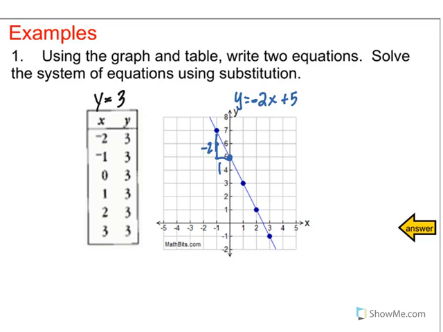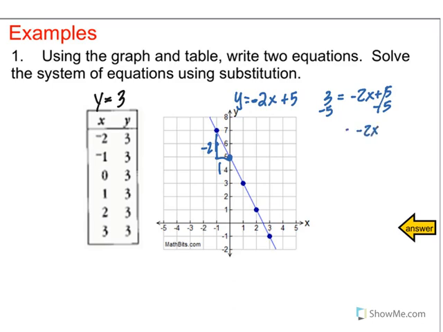I can solve them using substitution. Remember that when two things are equal to the same thing, such as y is equal to 3 and y is equal to negative 2x plus 5, that means that they're equal to each other. So I can set 3 equal to negative 2x plus 5, and I can solve it. I'd start by subtracting 5 on both sides.